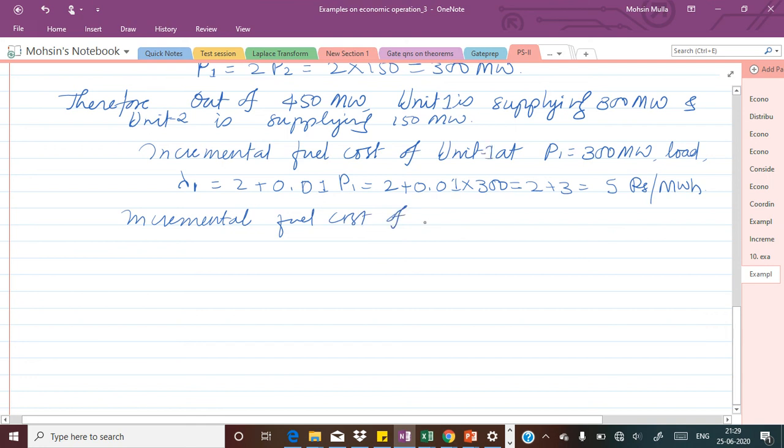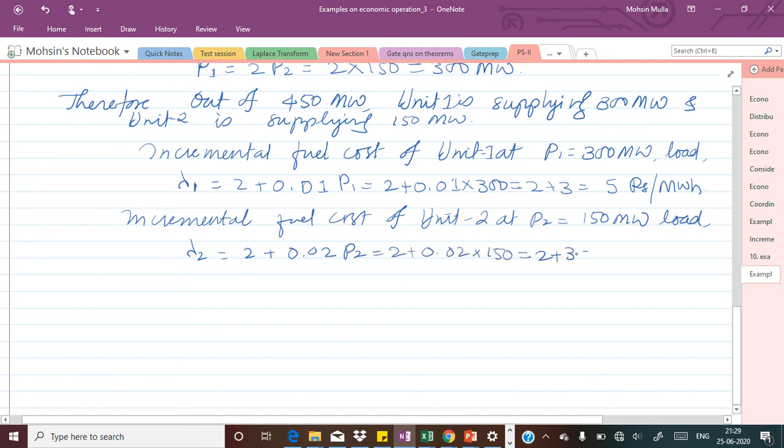The P2 value is 150 megawatt load, so it should also be the same value. Let us just find it. The expression for incremental fuel cost is lambda 2 equals 2 plus 0.02 into P2. Substituting the P2 value 150, again it is 2 plus 3, so it is going to be 5 rupees per megawatt hour.